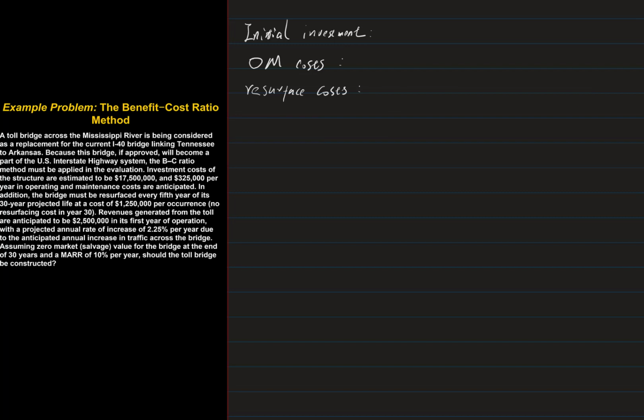Now we want to calculate the present worth of the costs. Here we have three parts. The first one is the initial investment, which is 17,500,000. Then we have the operating and maintenance costs, which are about 325,000 annually.